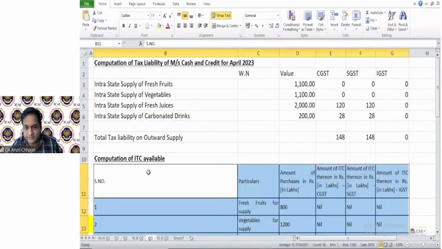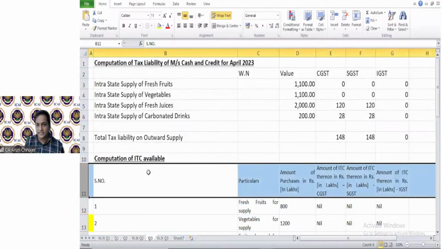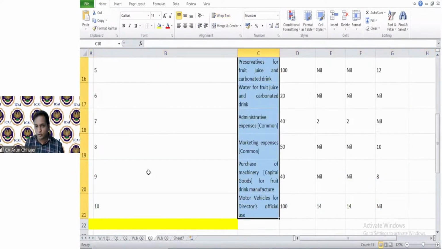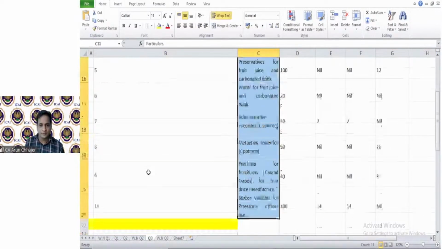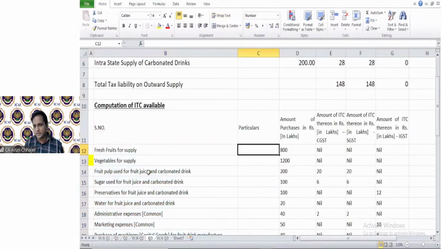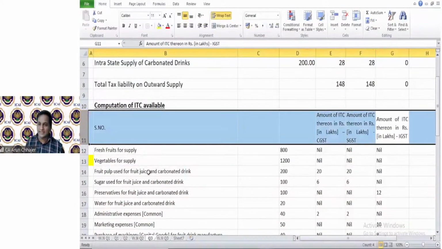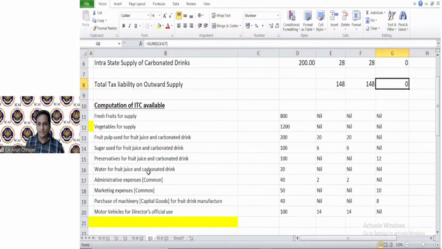To save time, I am just copy-pasting the entire table. I have copy-pasted all the amounts, the whole table, just to save time. Kindly excuse me for that. You won't have that facility because you have to write everything right now. So this is the value. This is the CGST, this is SGST, this is the IGST. So everything is correct.